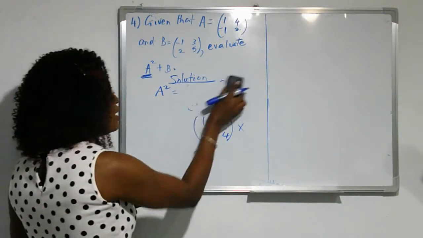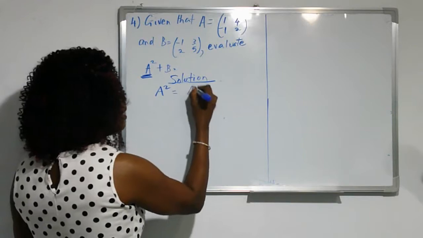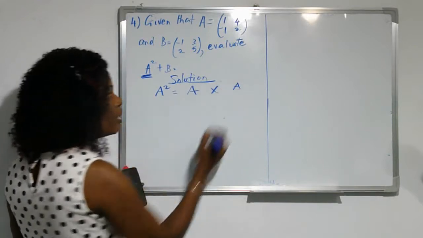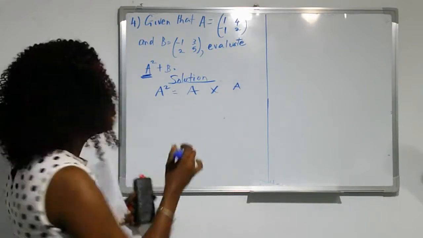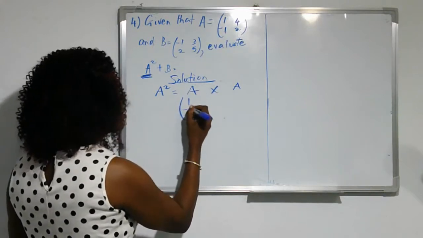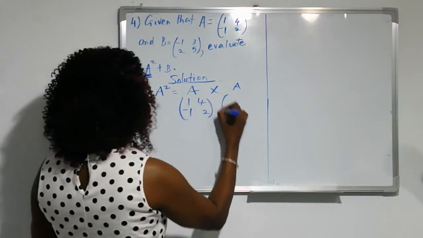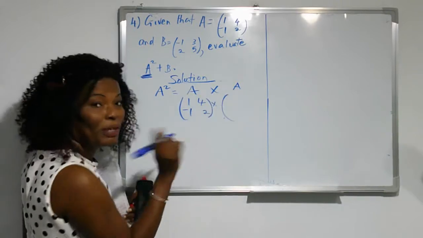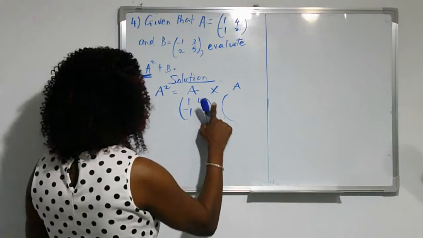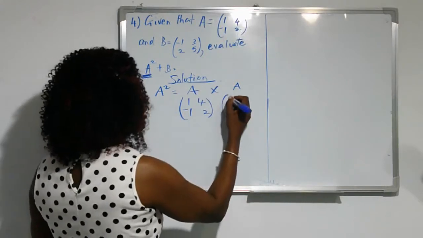Because we just said a while ago that A squared means A times A, which means that we are going to be writing the matrix A twice. And remember, we don't need to write the multiplication sign. It's understood. So we're writing this same matrix, A. We're writing it twice.